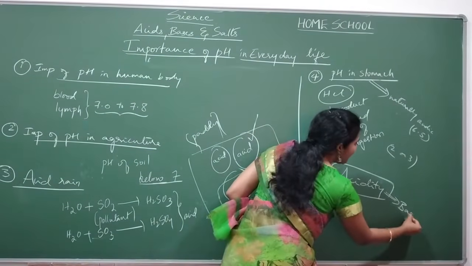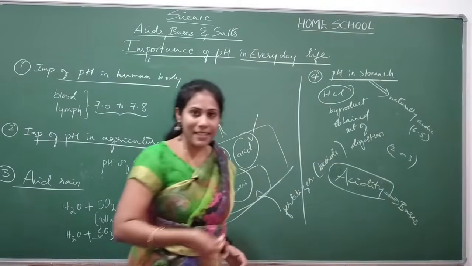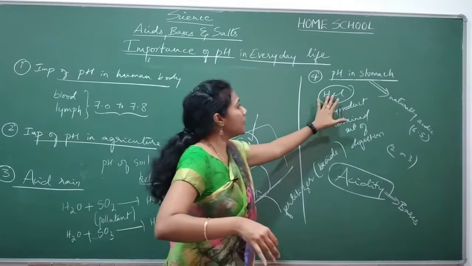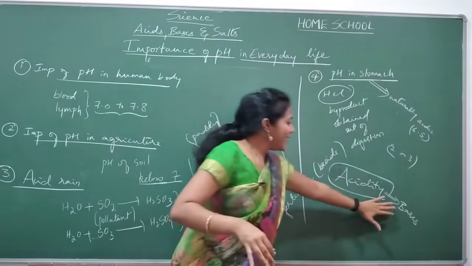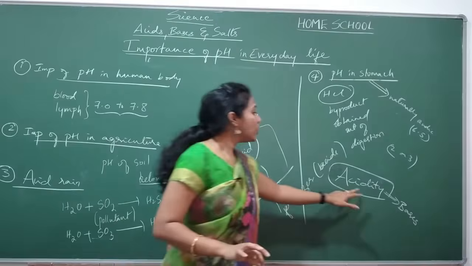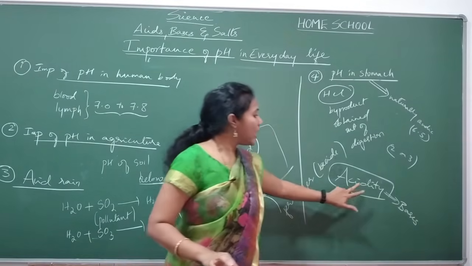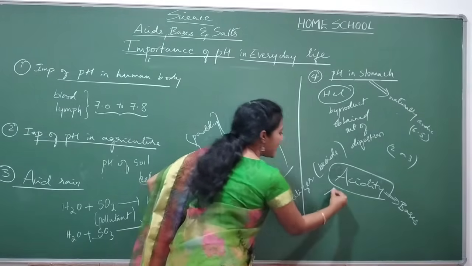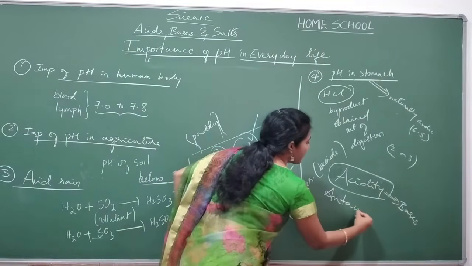Some bases, isn't it? So when you take some bases, from your mouth it will go to the stomach. In the stomach you have HCl, so the base can neutralize HCl. Yes or no? So the medicine that you are taking to treat acidity is called antacids.